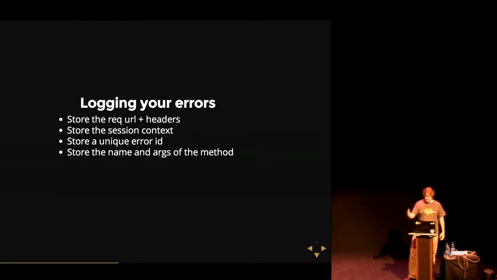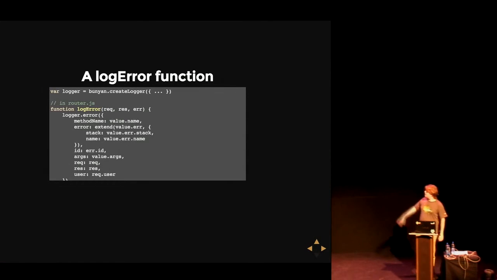If you give every error an ID, that's fantastic, because then when you give the user a 500 page with that nice little unique ID, and you get the screenshot from your user reports, you know exactly what's wrong. It's not just a screenshot saying unexpected error. And if possible, storing the name and arguments of whatever business or application logic was invoked is fantastic as well. So that's just an example of how we use Bunyan.